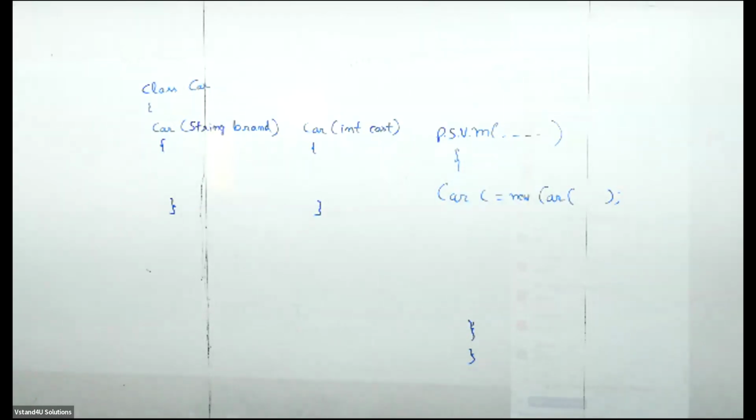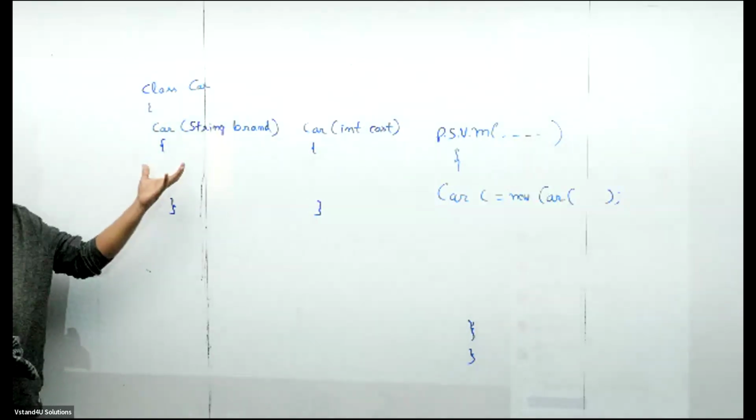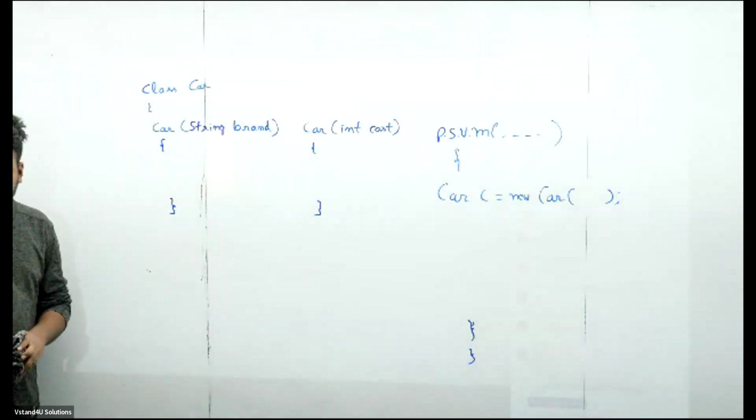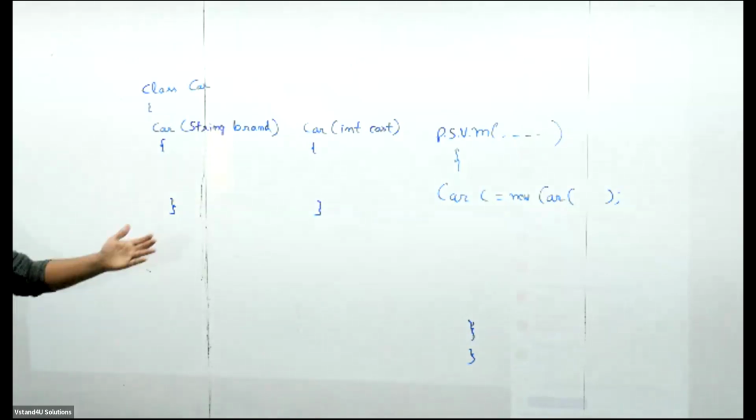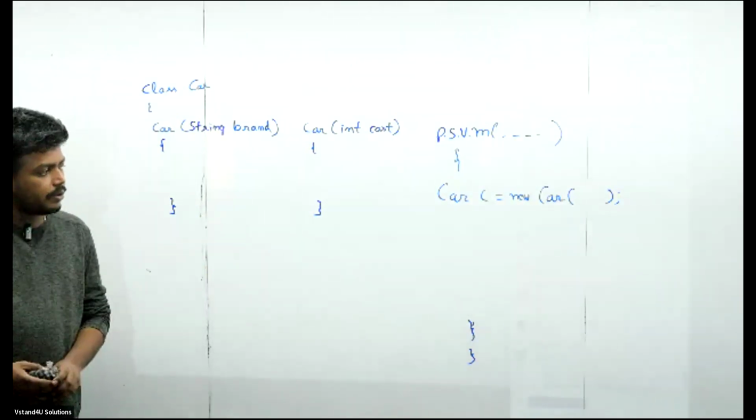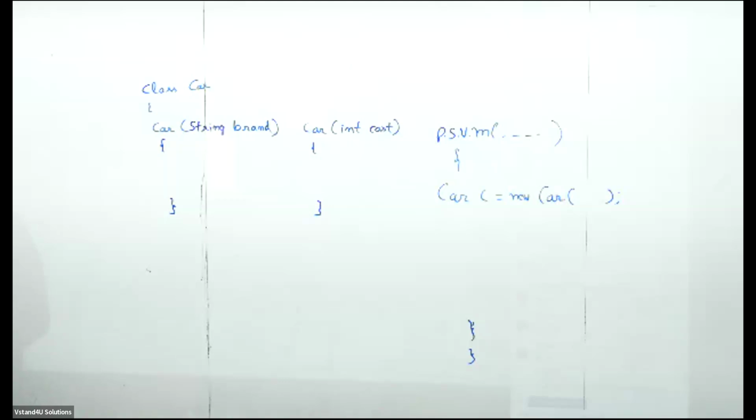In a class, I'm taking two constructors. Constructor overloading is happening. Here I've taken string brand, int cost. In public static void main, I've created one object. If I run this program, what will be the output?